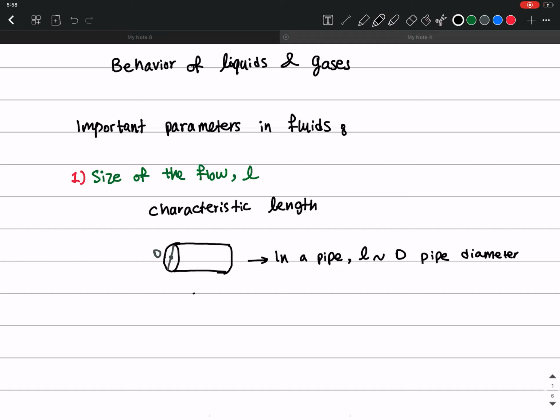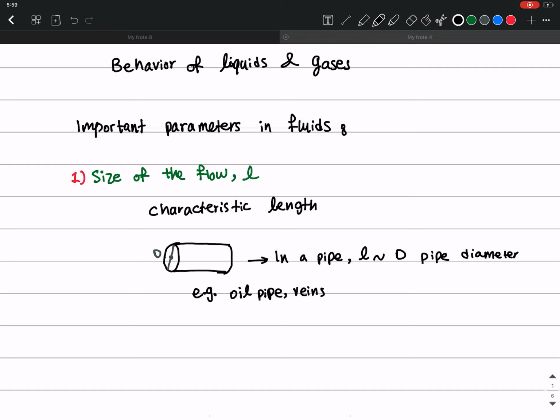This pipe can be an oil pipe, or different things, it can even be your veins. Any pipe you can see, like a water pipe, oil pipe, or different types of fluid systems that look like this.